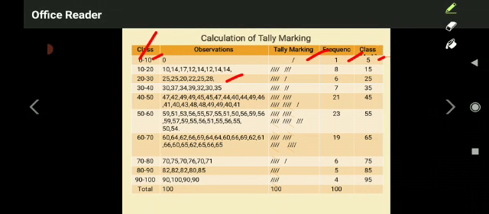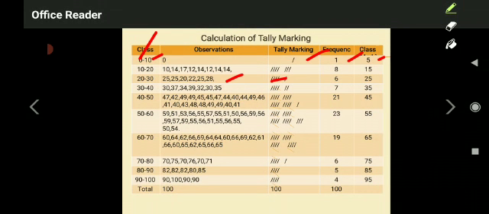Coming to the tally marking column, one thing you have to understand: for every 5 observations you have to put one tally bar. Look at the tally bar over there. This is the tally bar. One tally bar consists of 5 observations.